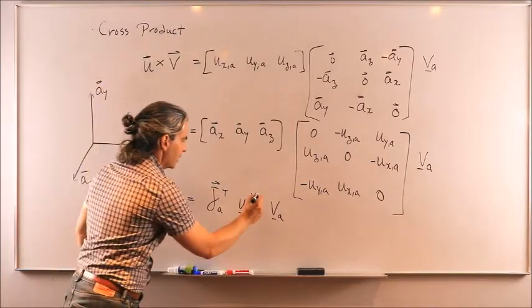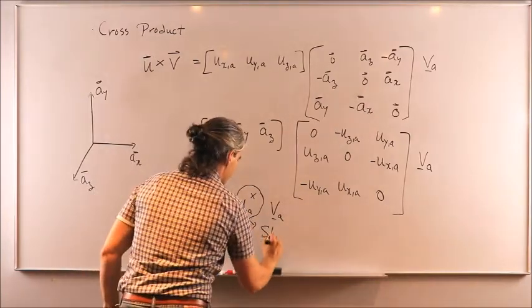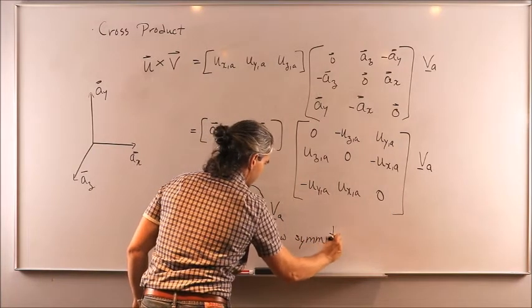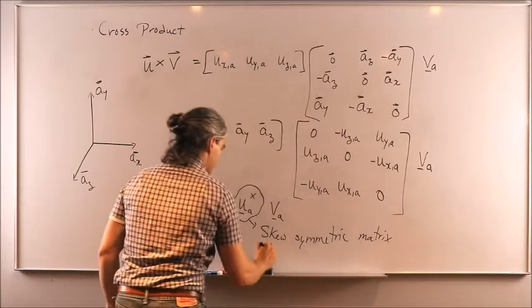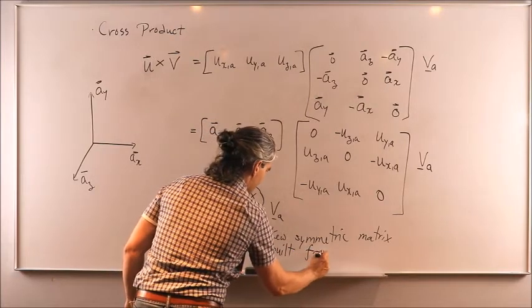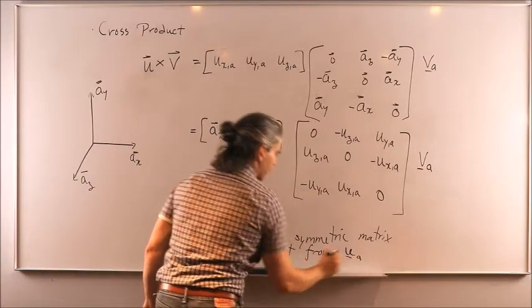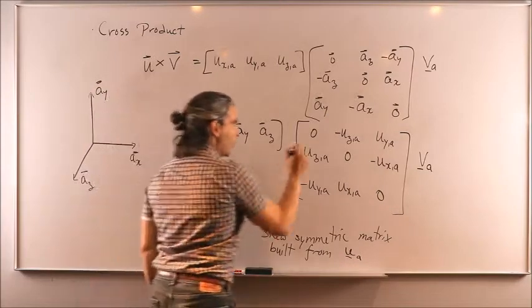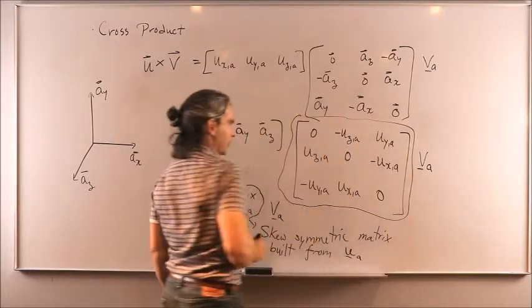And this altogether is known as your skew symmetric matrix that is built from the 3 by 1 column matrix UA. Okay? So whenever you see a skew symmetric matrix, go back here, because that is the definition of a skew symmetric matrix of a 3 by 1 matrix.